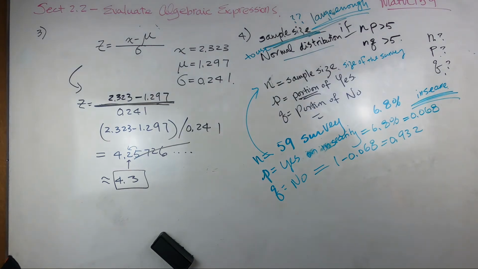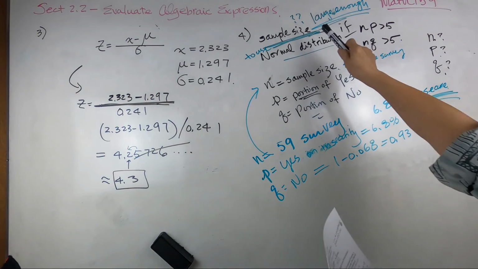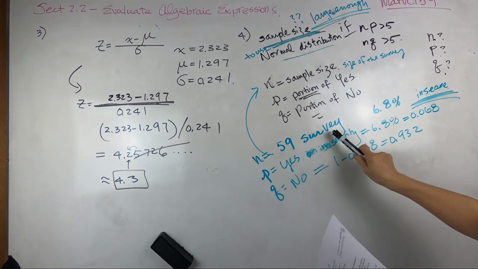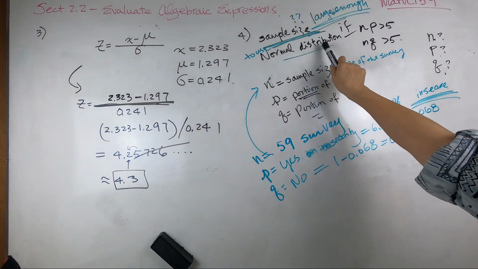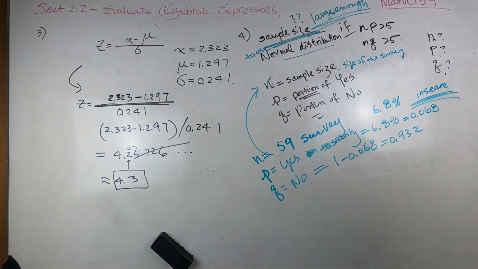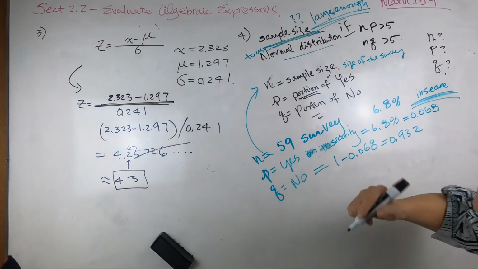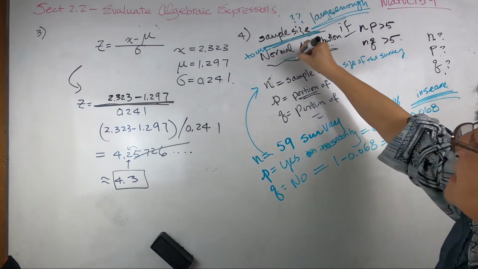Then how can we decide the sample size? The question was whether the sample size n is big enough to use the normal distribution. You don't know what that is yet, but you will learn it in stats class.